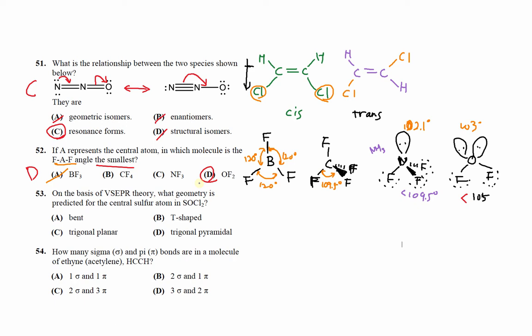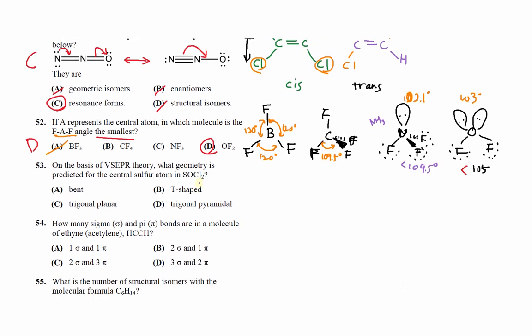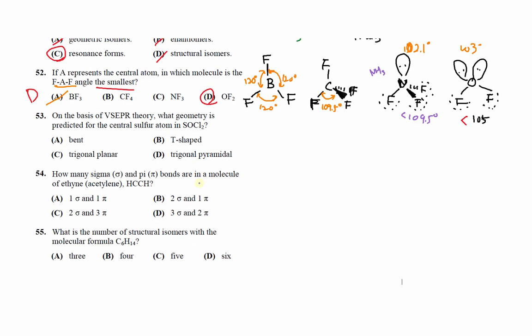Alright, so moving on. 53. On the basis of VSEPR theory, what geometry is predicted for the central sulfur atom in SOCl2? Okay, let's draw this. We already know that sulfur is the center, and then we have oxygen and chlorine.